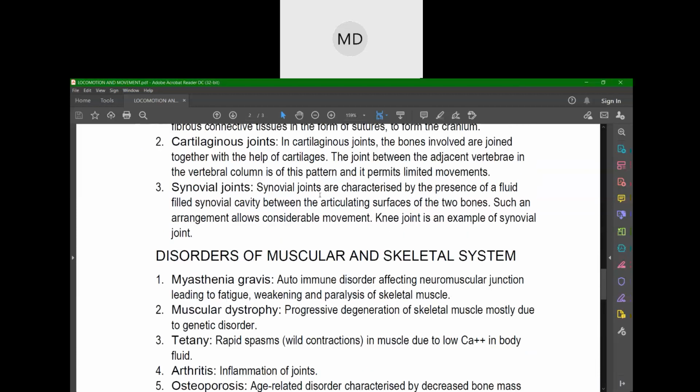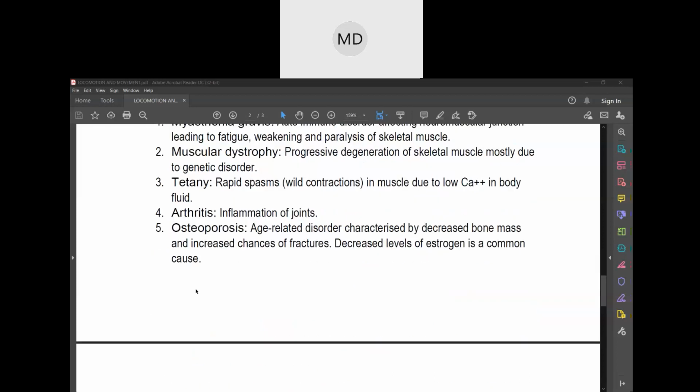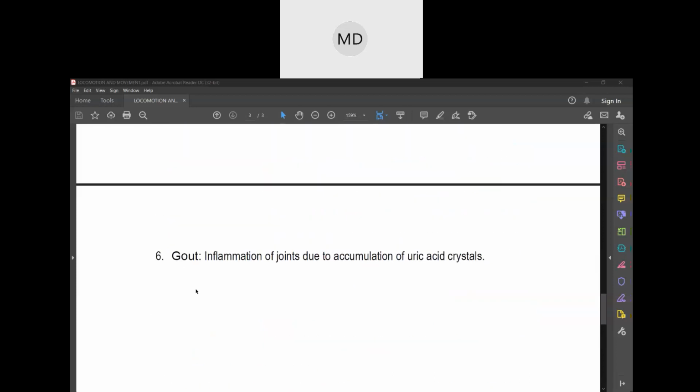Now comes the disorders of the muscular system and skeletal system. Disorders associated with the muscles and the skeleton. First, there are six diseases.